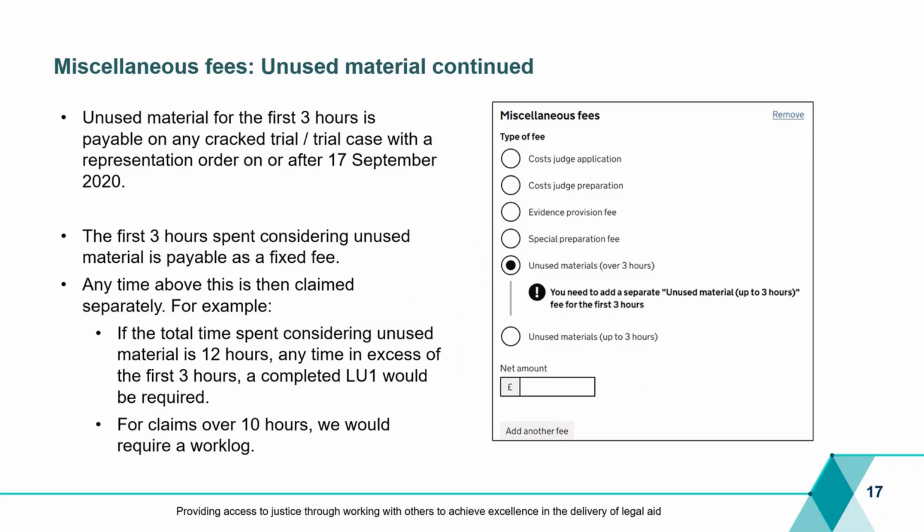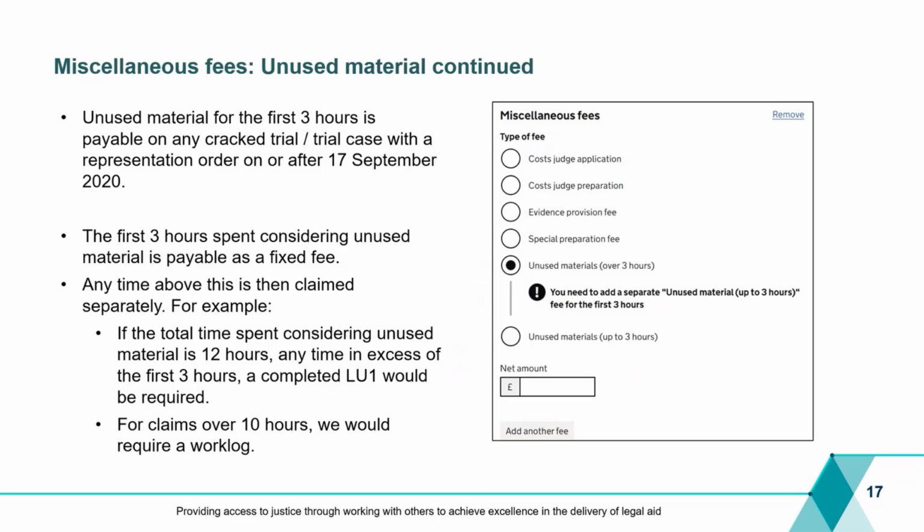Unused material fees can be claimed on any crack trial or trial case with a representation order on or after the 17th of September 2020. Unused material cannot be claimed on a guilty plea claim. Unused materials is split into two parts.